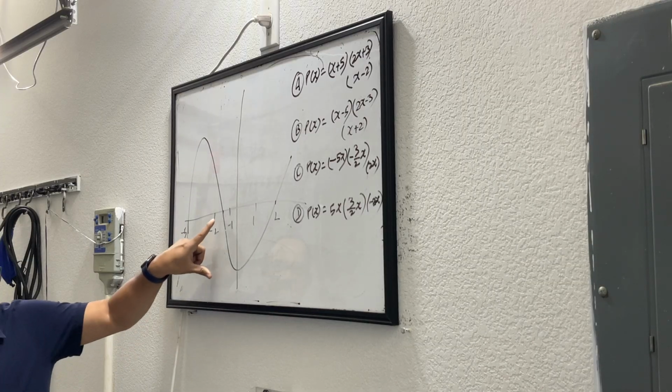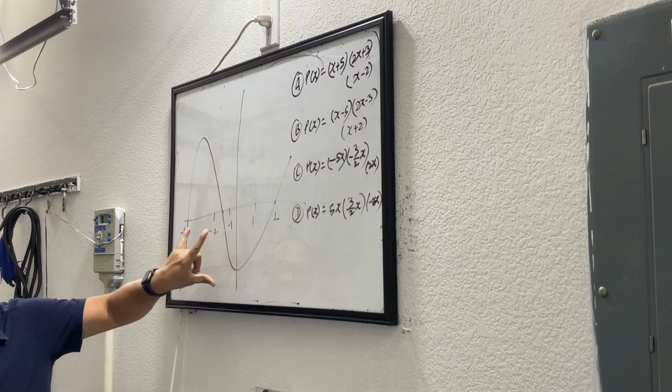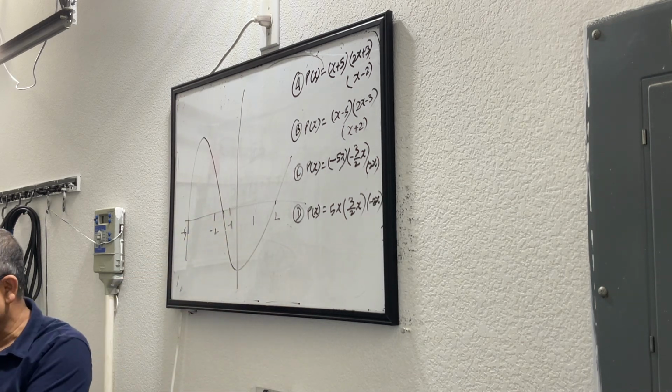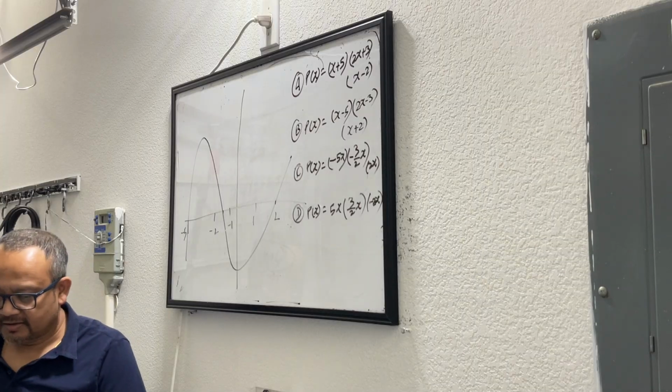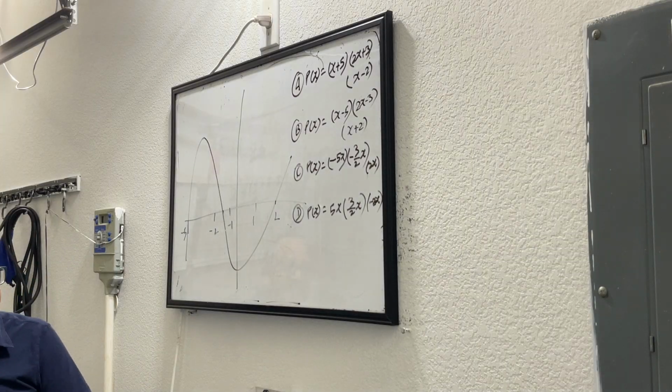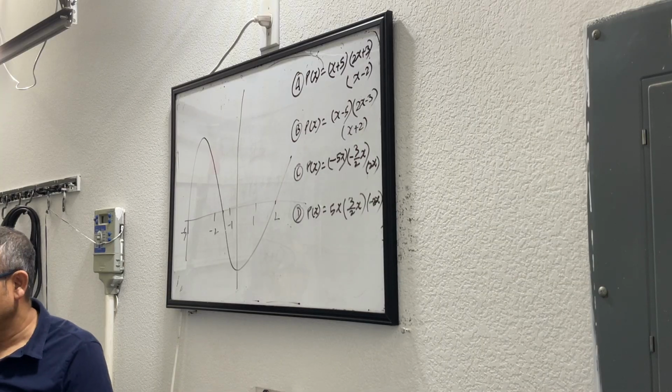I think that's -2, right? No, it's negative 1.5 actually. It's between -1 and -2. Okay, my bad. But I know for the last one, the point where the line meets x is 2. So that's why I think it's B.